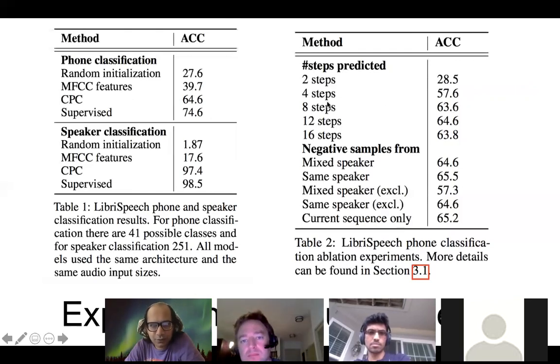They tried to predict 4 steps ahead and got 57% accuracy, and 8 steps ahead, 63.6% accuracy, and so on. And they observed that predicting 12 future steps gave them maximum accuracy, and that's 64.6.